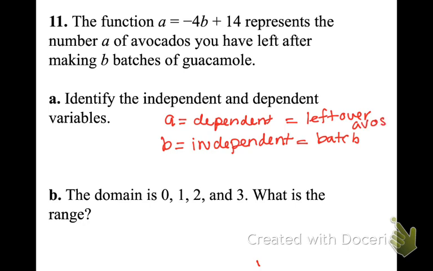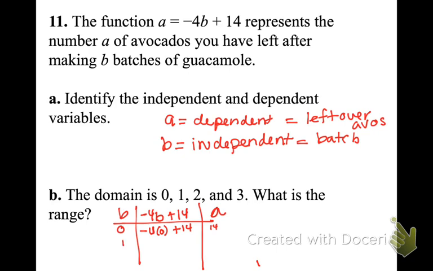Okay, now they want us to use the domain. Okay, here's my x, and I'm going to start with 0. So I'm using the equation, negative 4b plus 14. So this would be my b, and that would be my a. And so negative 4 times 0, that would be 14.